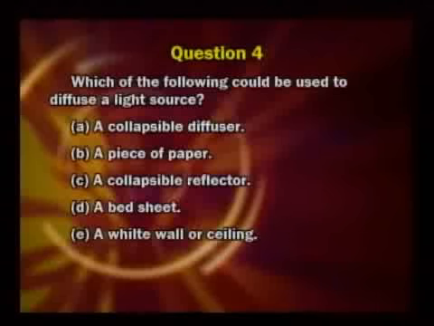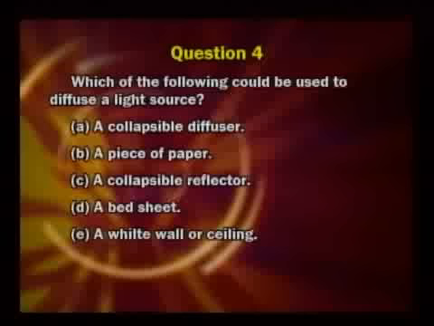Oh, oops, typo. Ignore that. I'll fix that for the video. If the lights are hot enough, I say everything. Maybe not reflectors. As a traditional diffuser, I'd probably say collapsible diffuser, obviously. If the light's bright enough and the sheet's thin enough. Are you saying reflecting off or going through? Diffusers go through. So it's A, B, and D.